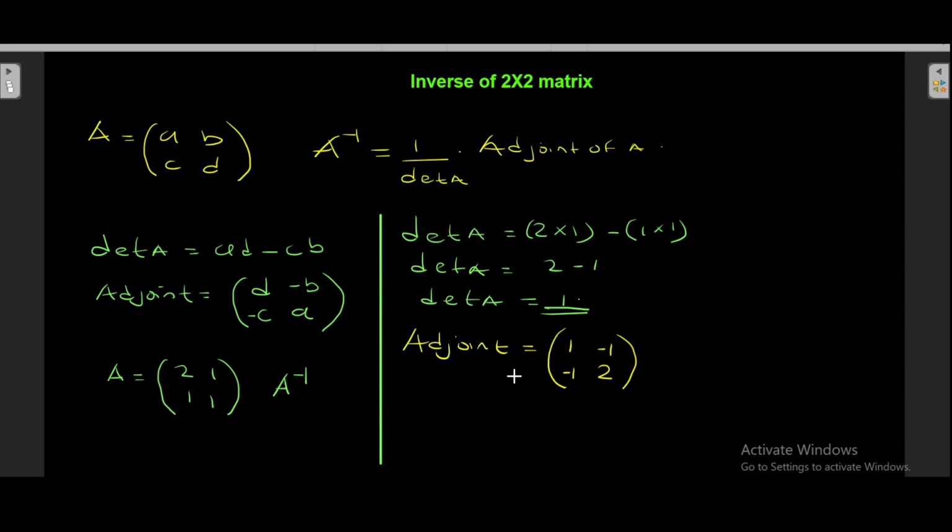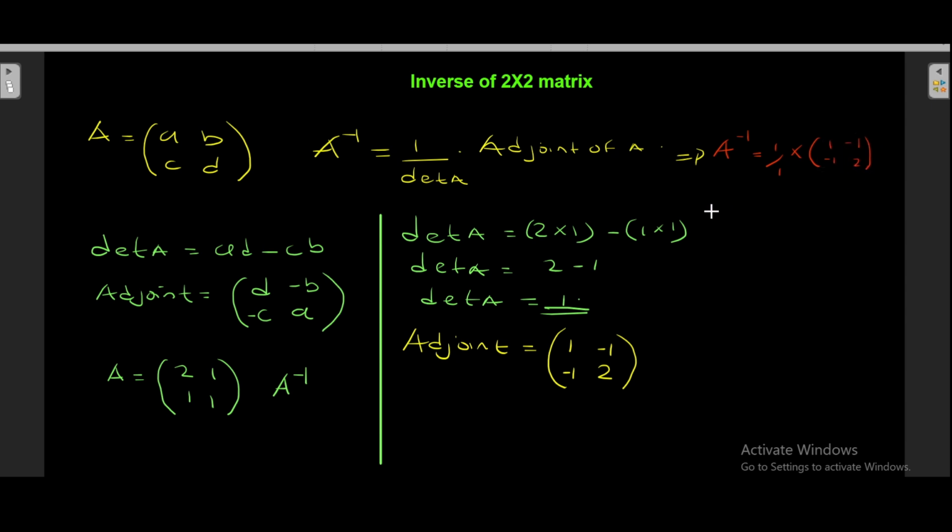That's my adjoint. If I have my adjoint, then I'm going to apply my formula with the determinant. It implies that my A inverse will turn out to be 1 over 1 times the adjoint, which is 1, negative 1, negative 1, and 2.